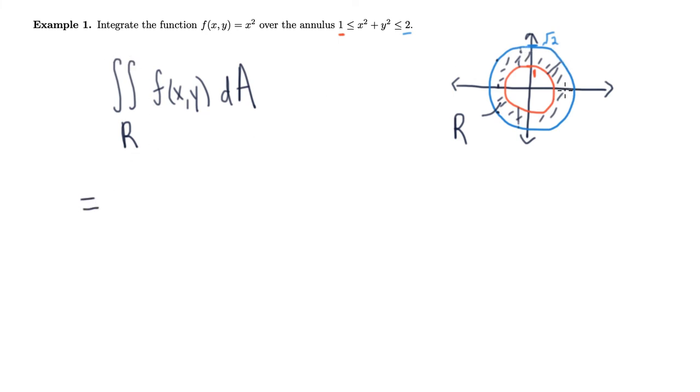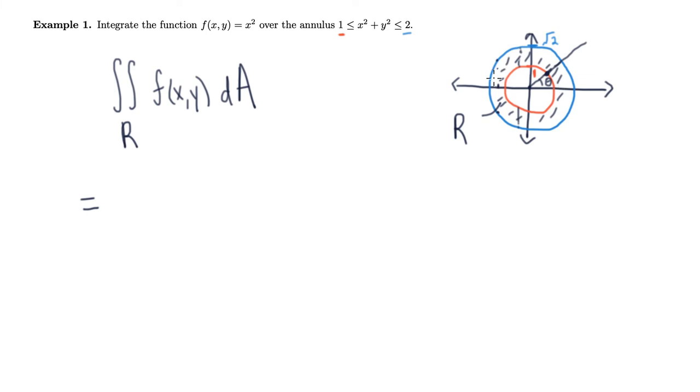Well, if I fix any theta, so let's say theta is here, then notice that r is going between radius 1 and radius 2. But then where am I fixing an angle?